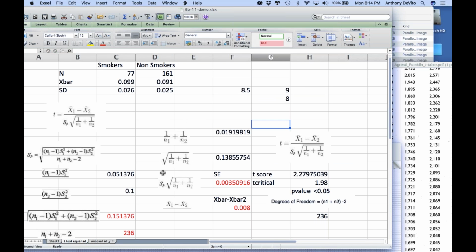One of the things we did here was we squared things and took square roots. If I take 8.5 and square it, what do I get? I get 72.25. If I rounded it up, I would get 81. If I rounded it down, I would get 64 when I squared that number.